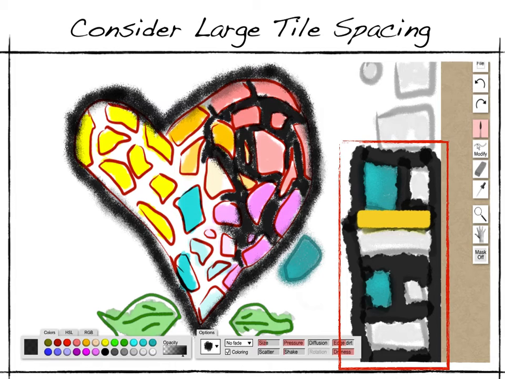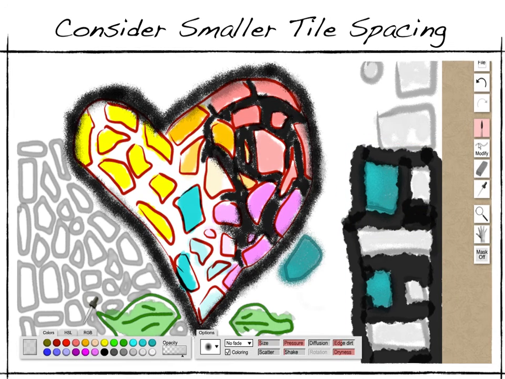This can be a problem. And the reason for this being a problem is because it may be hard for a viewer to understand what that area was supposed to look like.